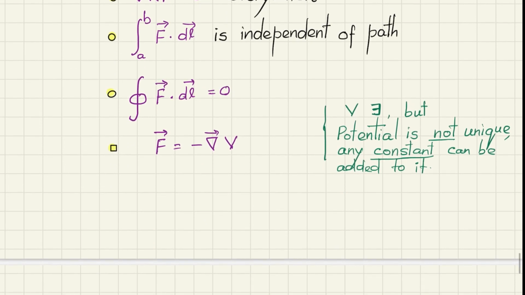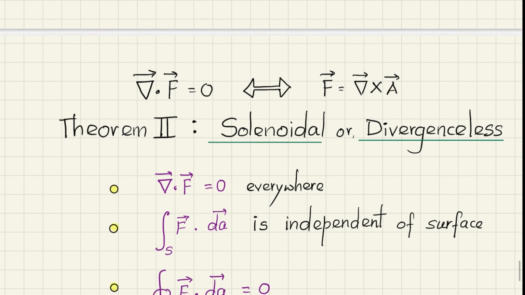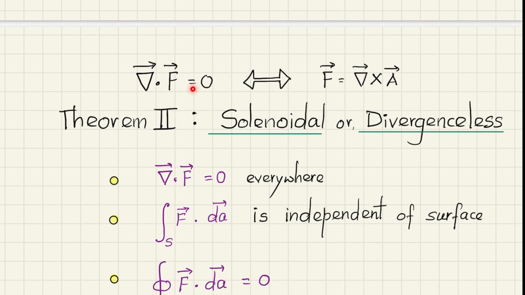Similarly, if the divergence of a field is 0, then F can be expressed as a curl of A. Why is that? Because the divergence of a curl is always 0. So I can always express F as a curl of another vector function A if the divergence is 0, and these are called solenoidal or divergence-less fields.